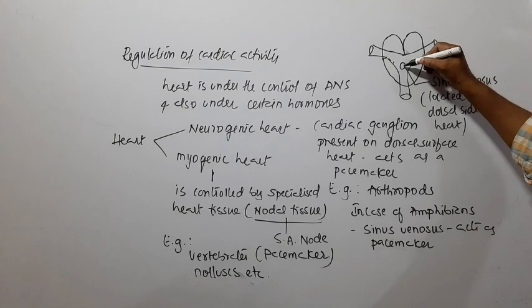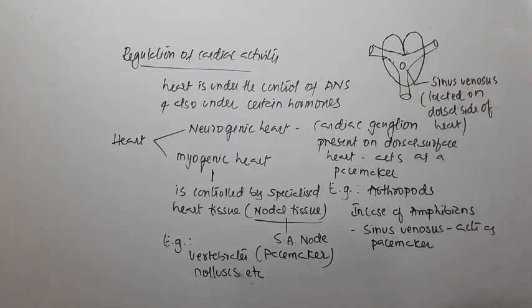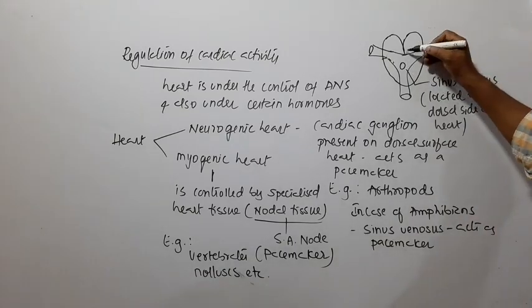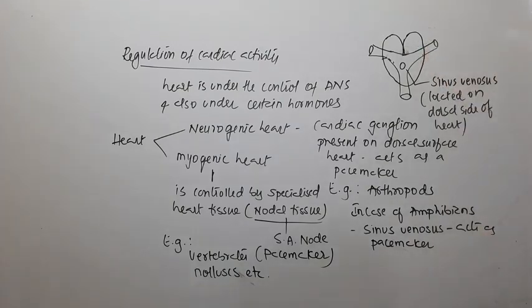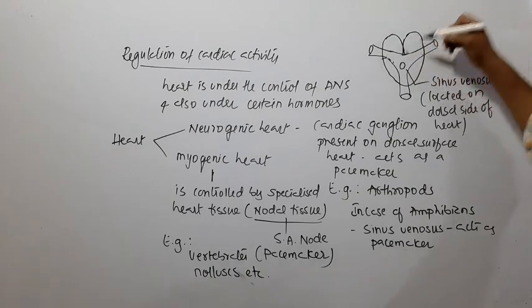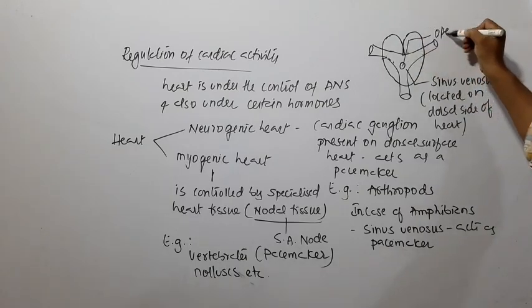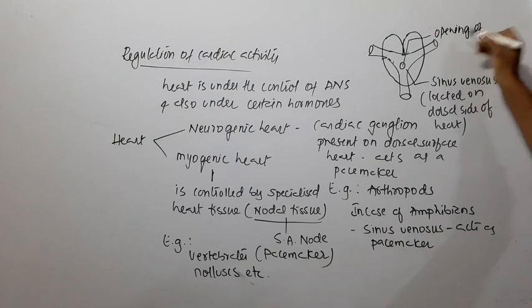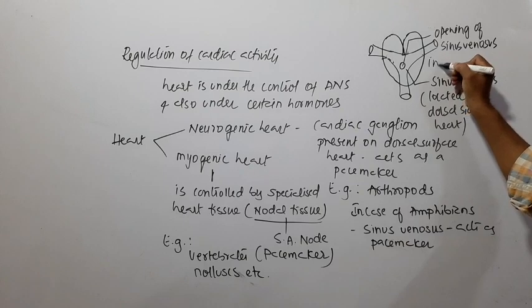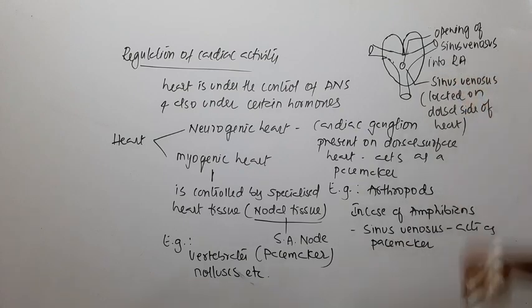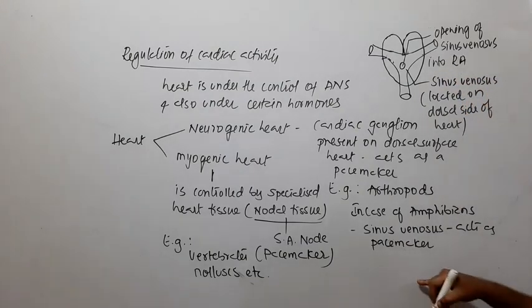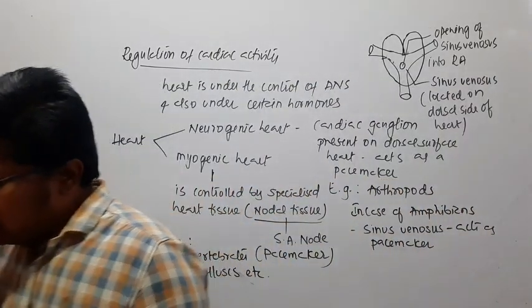And of course this is the opening of the sinus venosus into the right atrium. So this one acts as the pacemaker in case of amphibians, right? I'll mention here, this is the opening of the sinus venosus into the right atrium. So these are a few points that we see.